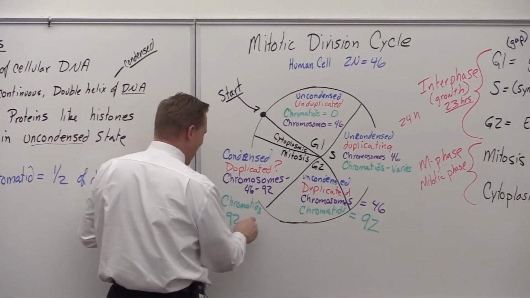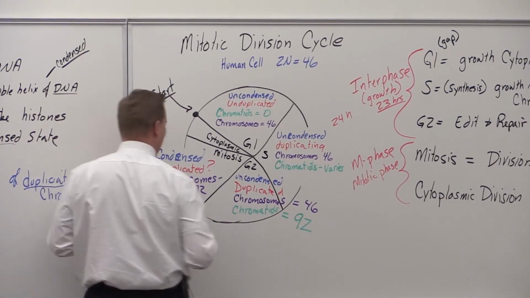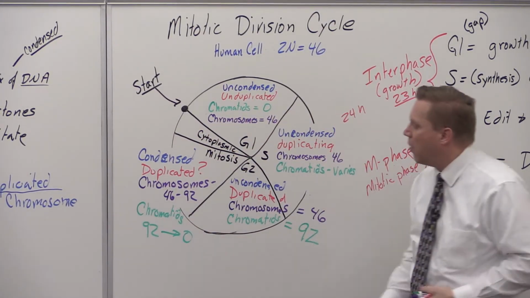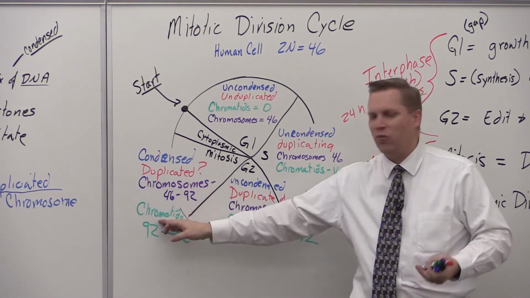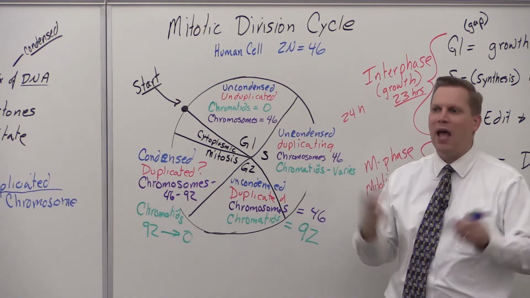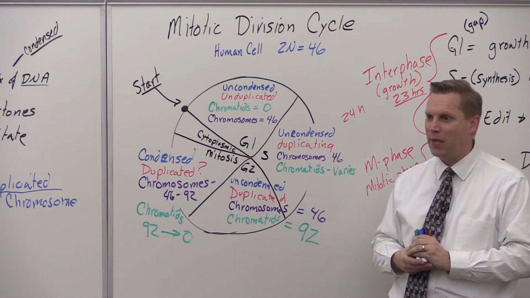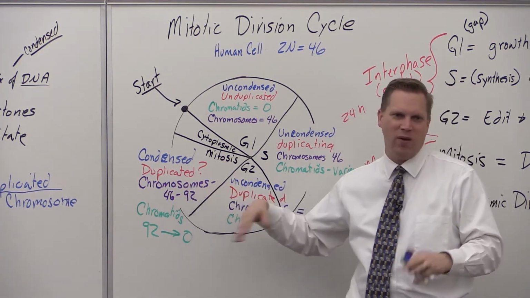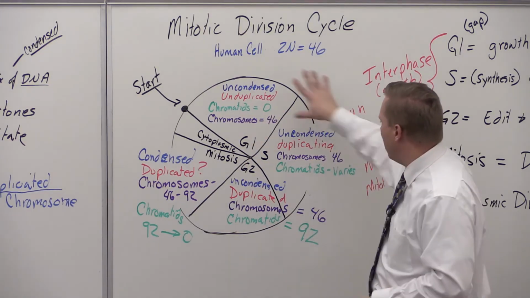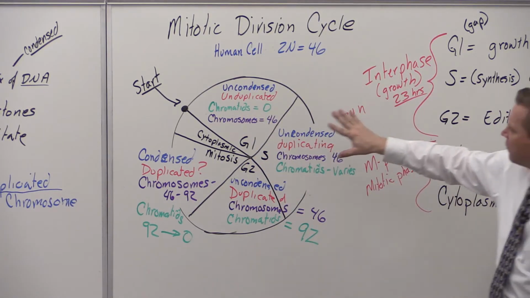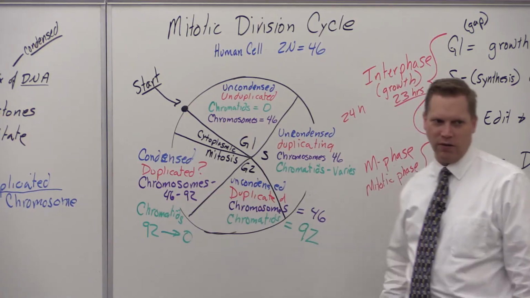So eventually, we're going toward the direction of having 0 again. But a lot of times we would say in mitosis, we have 92 chromatids present, at least at the start of it. Okay? And then 46 chromosomes, at least at the start of it. And that's sort of how the DNA changes throughout that cell cycle.